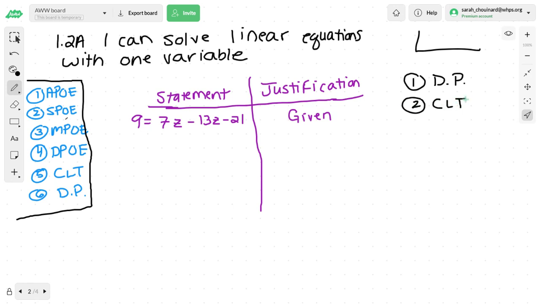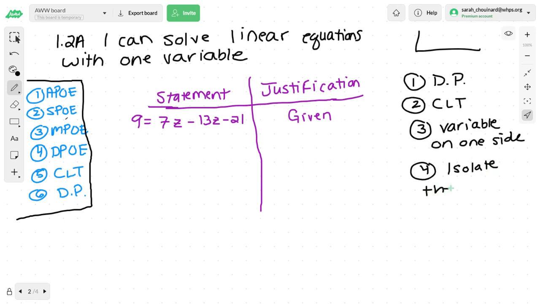We're going to combine like terms second. We're going to make sure the variable is on one side of the equation. And then our last step is we are going to isolate the variable. So in other words, we're going to solve for that variable to get it by itself on one side.